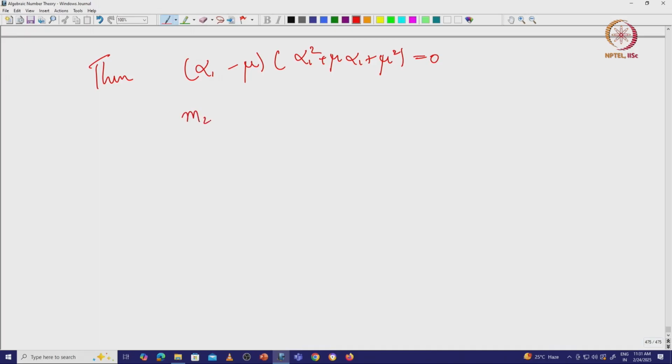This is m2 times alpha 1 plus mu alpha 1 plus mu squared. This is 0 in K sub P3'', and this generates P3'' and is related to P3'. So, we have this.